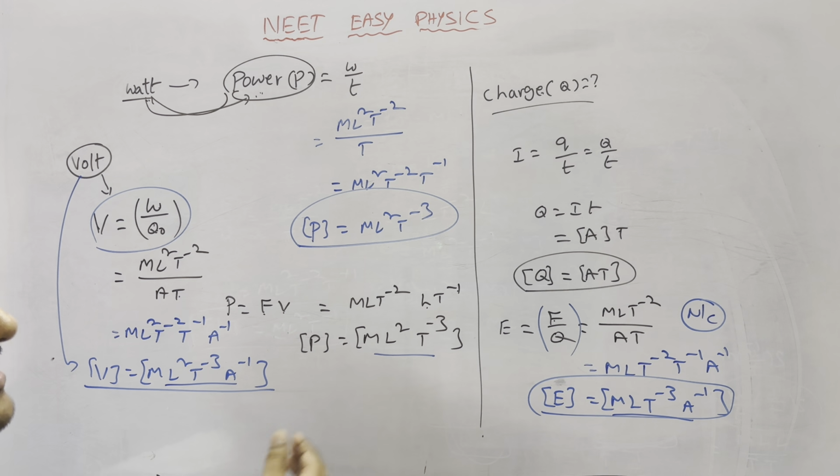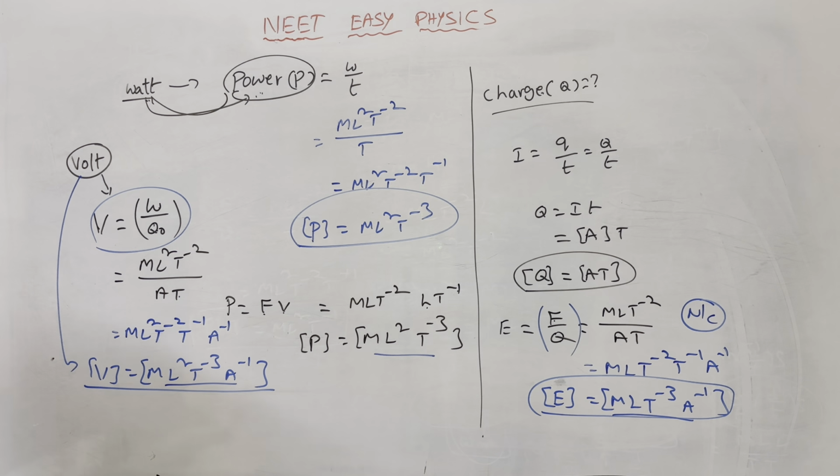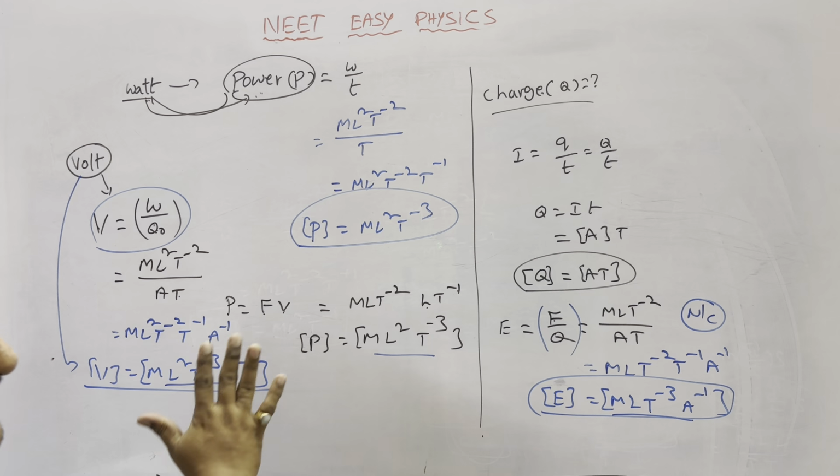How they are going to ask in competitive exams is our main agenda. For that, first we should know how to write the dimension formula. Once you know this, we are going to see how they ask problems in the NEET exam in our next class. Try to practice some dimension formulas other than these we have written.